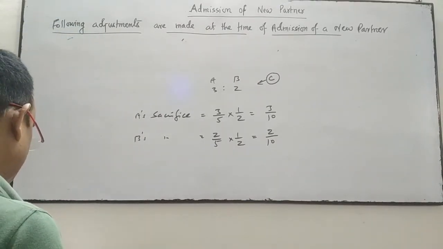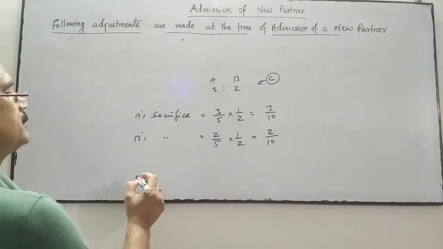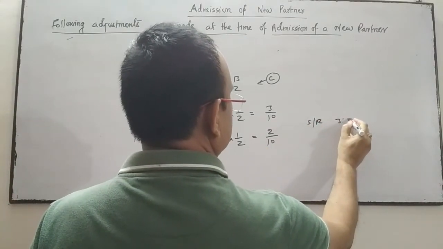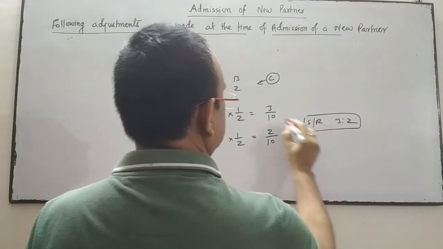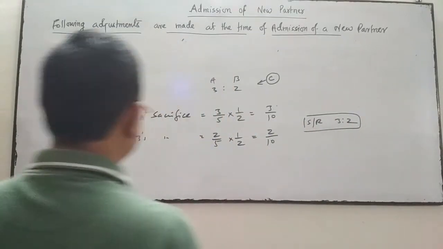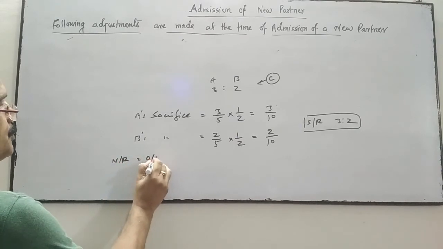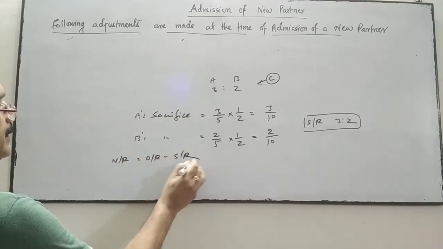Okay, so the sacrificing ratio is 3:2. Now come to the new ratio. New ratio is equal to old ratio minus sacrifice.